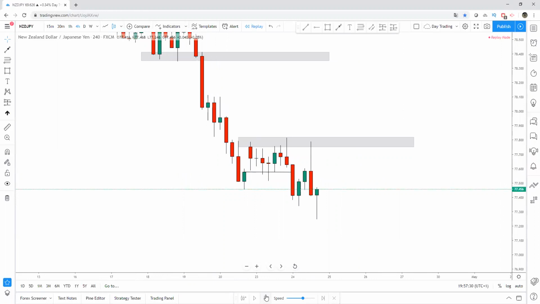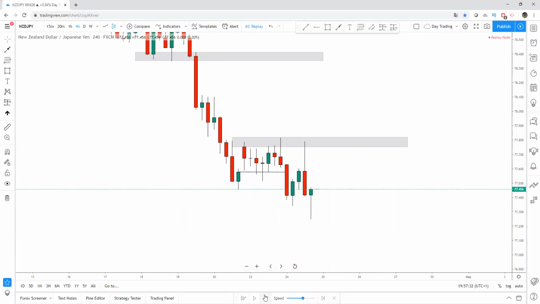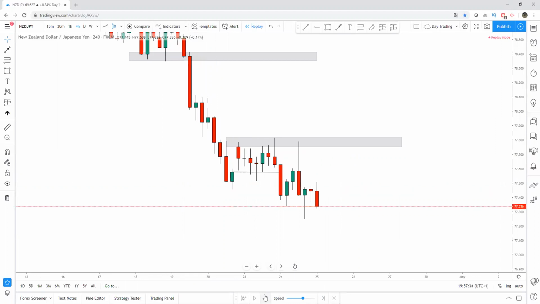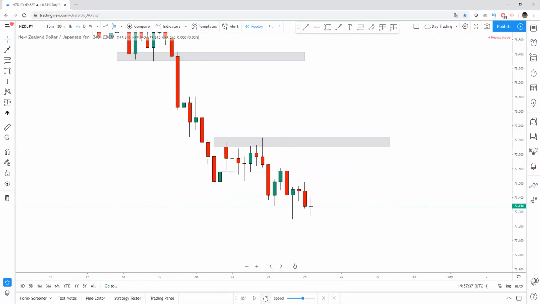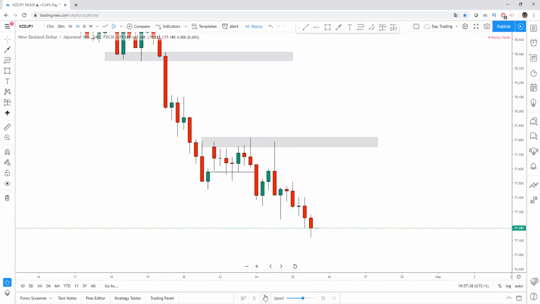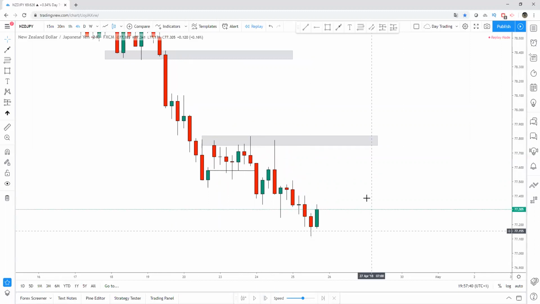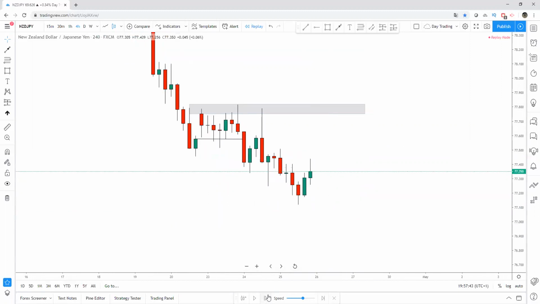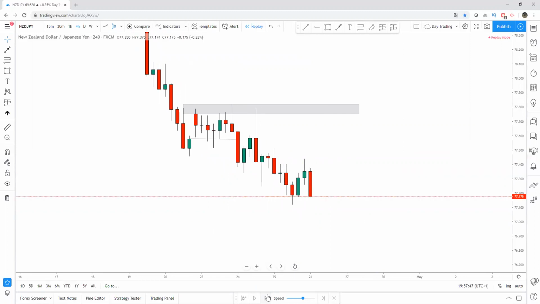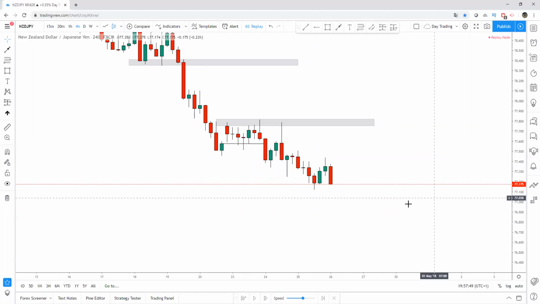Massive candle here. No entries. Push to the downside. Okay, a little pullback. One 4-hour candle of rejection with the trend. Bearish engulf.